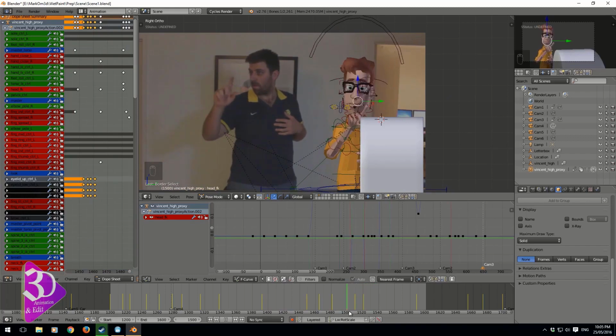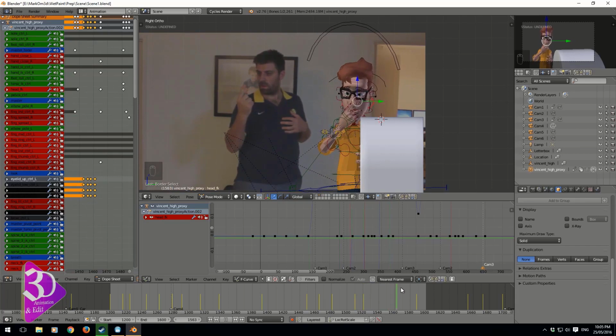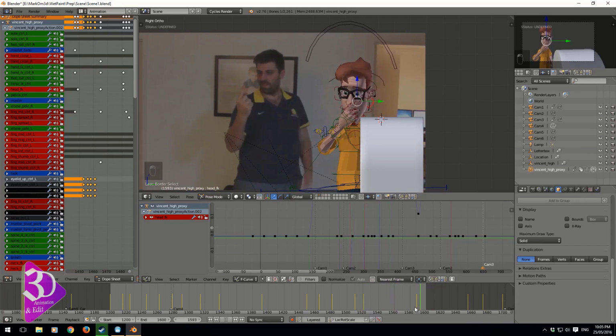And is it a bit of a blink? No, there isn't. So that one there is about bringing up the shoulders. It's almost like I have to raise the whole rig.